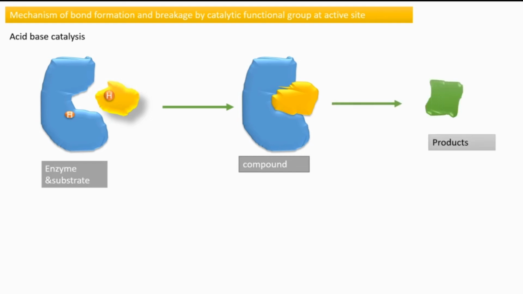This is one method used to prevent the formation of any intermediates in the reaction, by the transfer of protons between substrate and enzyme, forming a compound that is easily breakable into products.